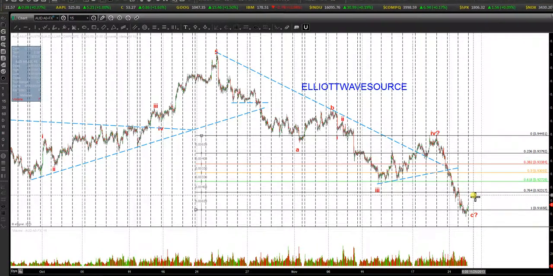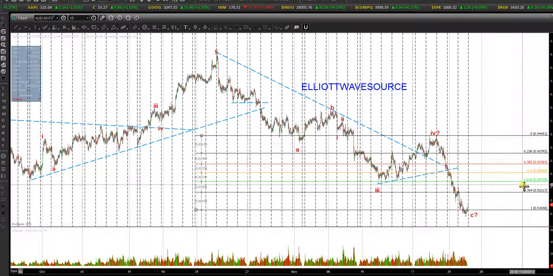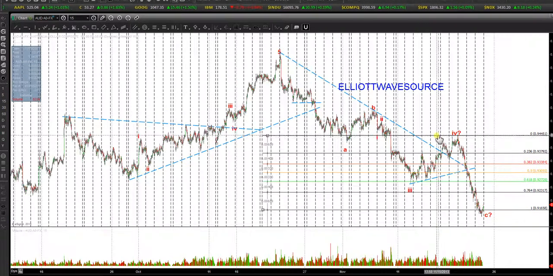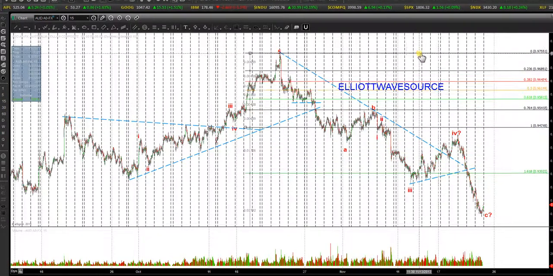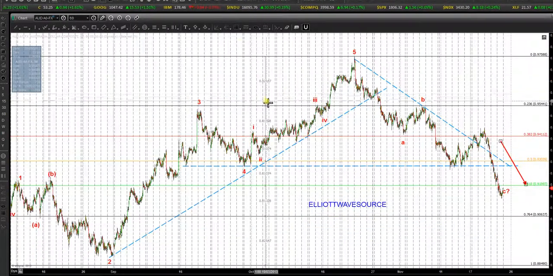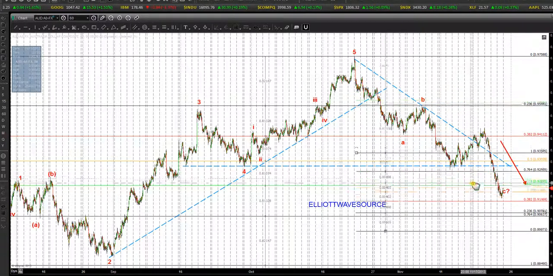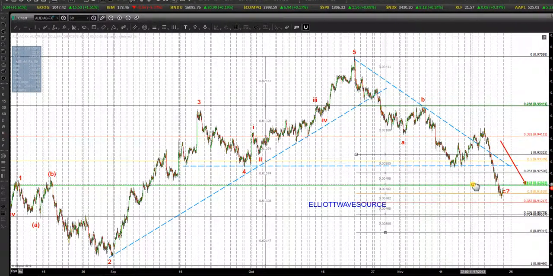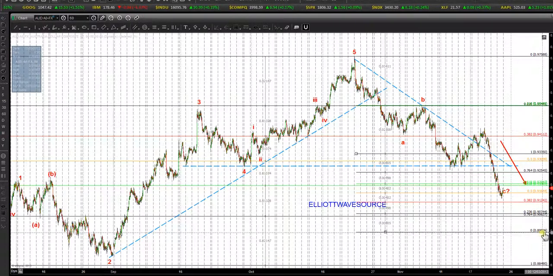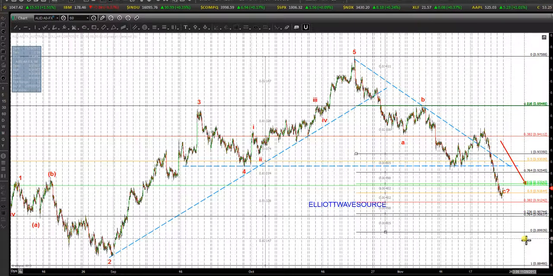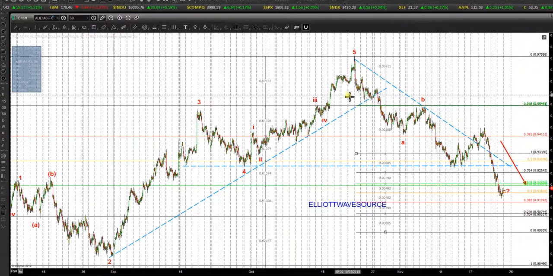So we could see prices push a tad lower, and then give us a 38.2% correction for wave 4, and then that fifth and final wave should terminate, take a look in this one, at 0.90, just about that level, 0.90, which is right around that 76.4% correction of that larger wave.